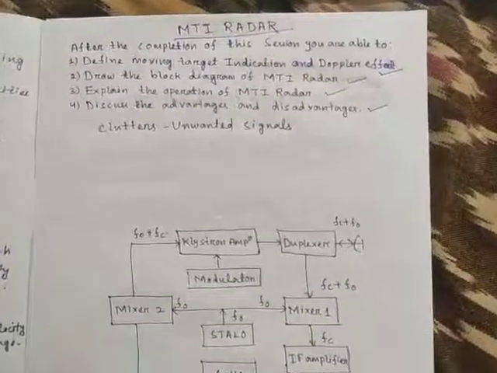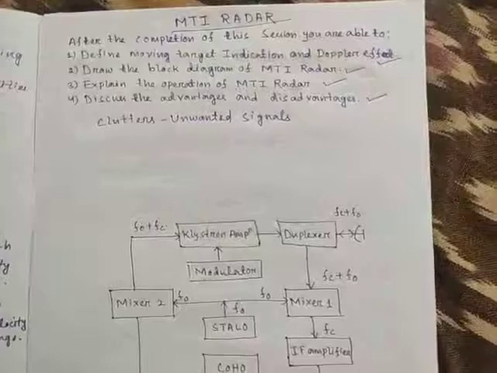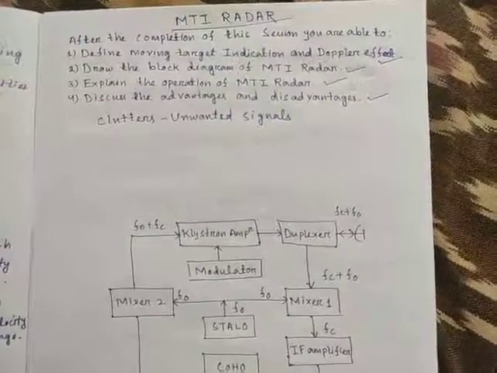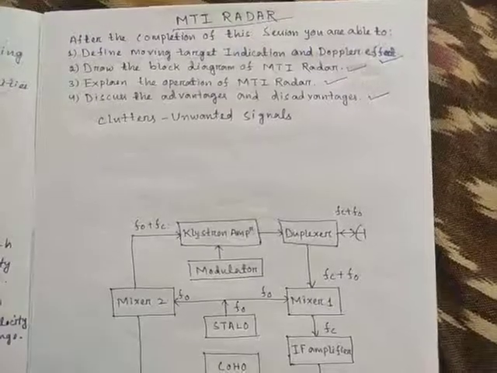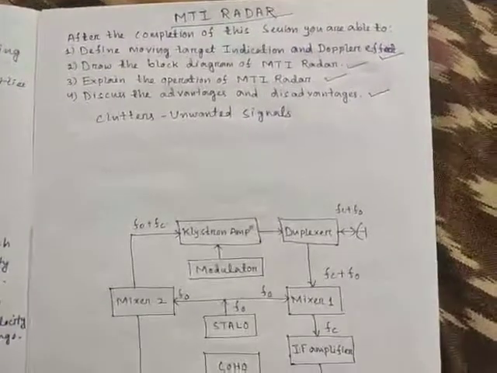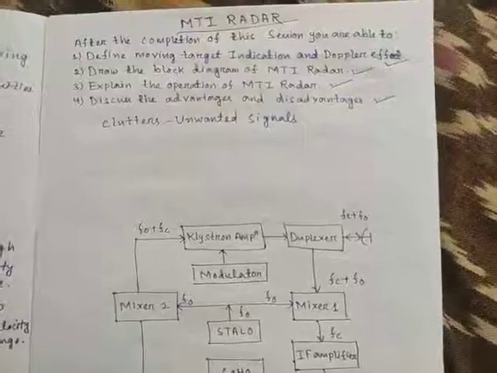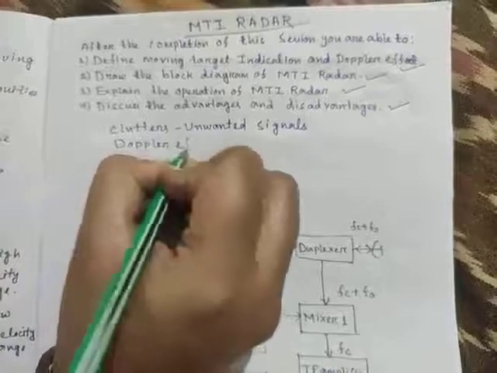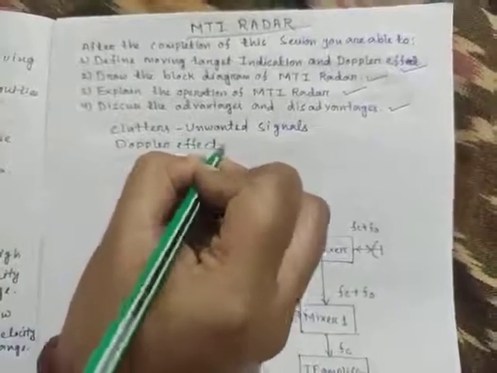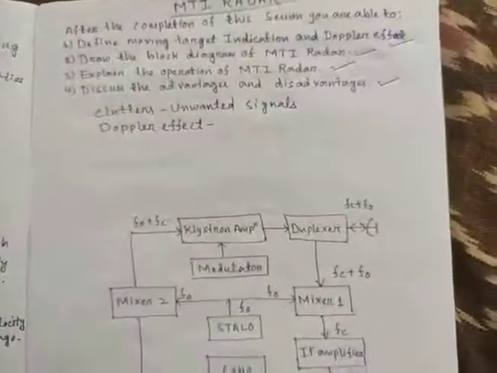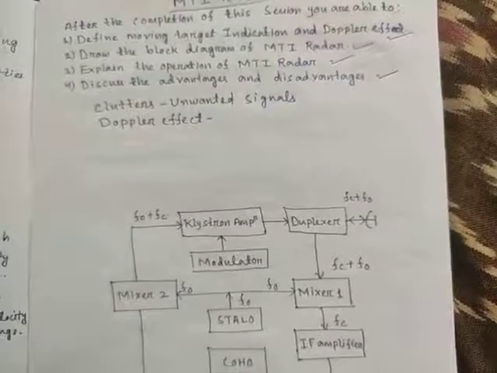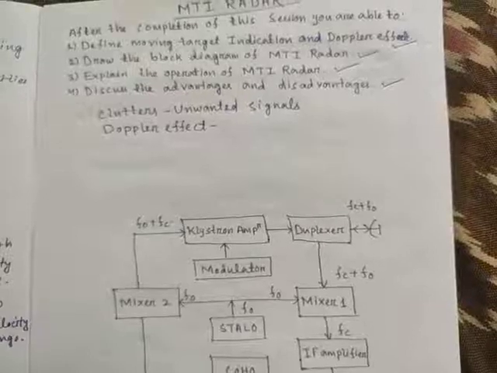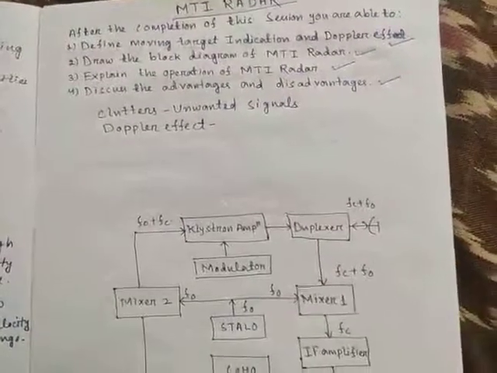For this purpose, radar uses the principle of Doppler effect for distinguishing the non-stationary or movable target from the stationary target. What is that Doppler effect? According to the Doppler effect, the frequency of the received signal will increase if the target is moving towards the radar.